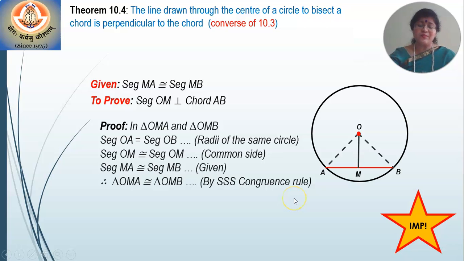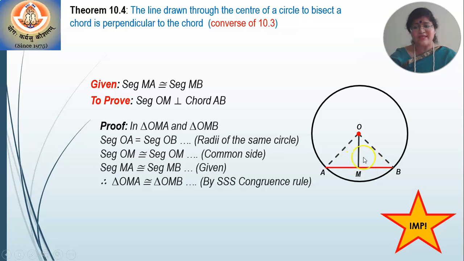Now, after having proved the two triangles congruent, the clue out here is you have to prove OM perpendicular to AB. So that means you have to take an angle. So let us take an angle which is congruent. Now there are many angles which will be congruent. Example, this angle will be congruent to this. This angle will be congruent to this.